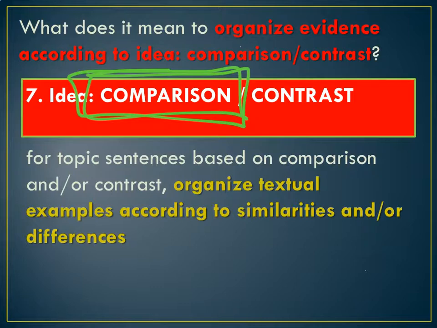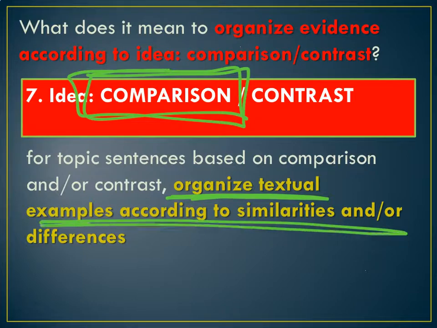So that's basically what your goal is when you're writing topic sentences: you're going to try to figure out a way to organize your examples according to similarities and or differences. And so here are your options for how to do that.